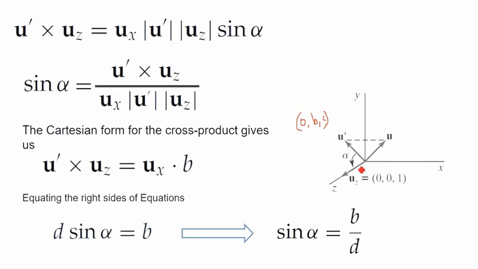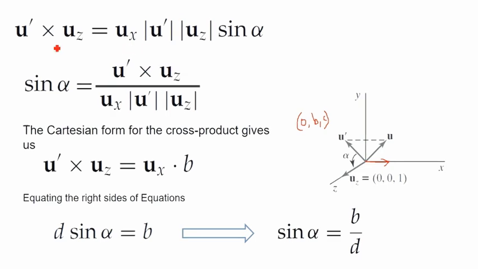The unit vector perpendicular to these two vectors is ux. So ux is the unit vector that is perpendicular to these two vectors. If I am interested in sin alpha, I bring it to my left hand side. Now let us see what our cross product is using the Cartesian form.